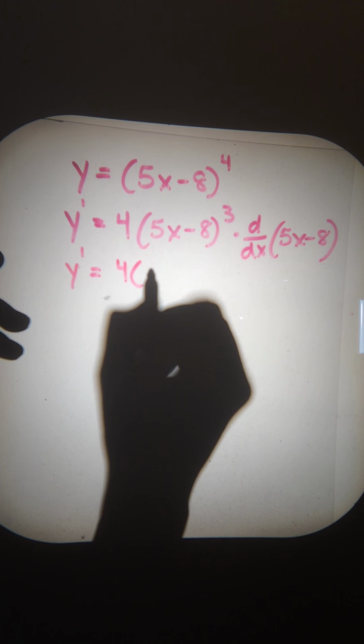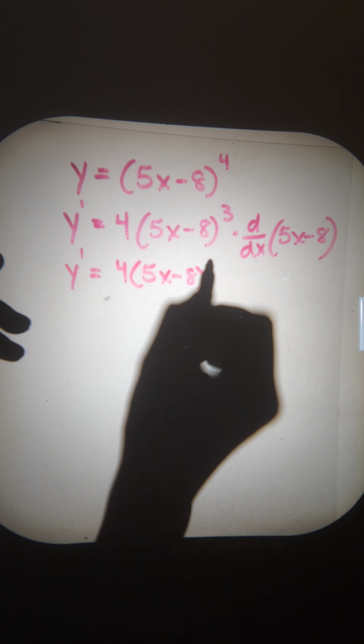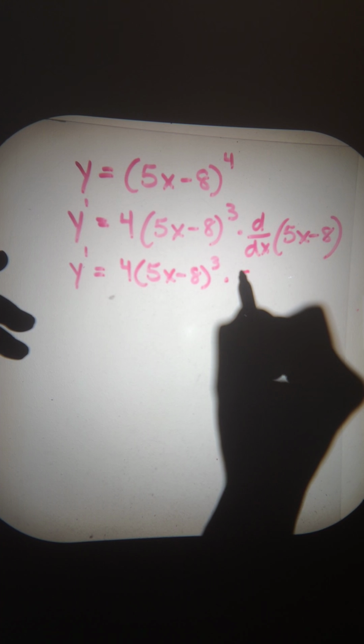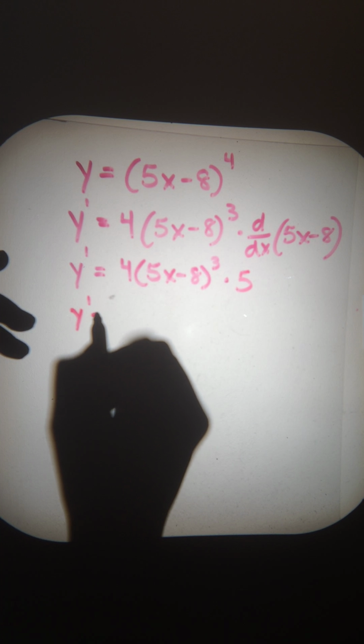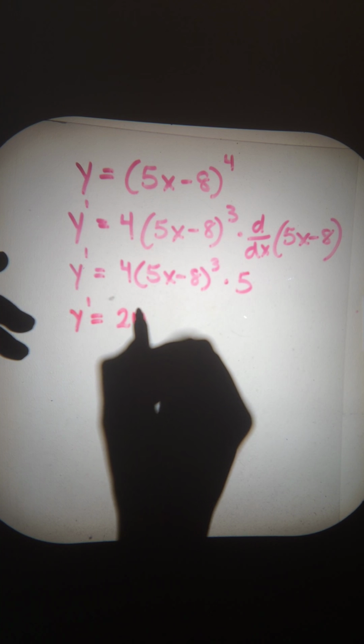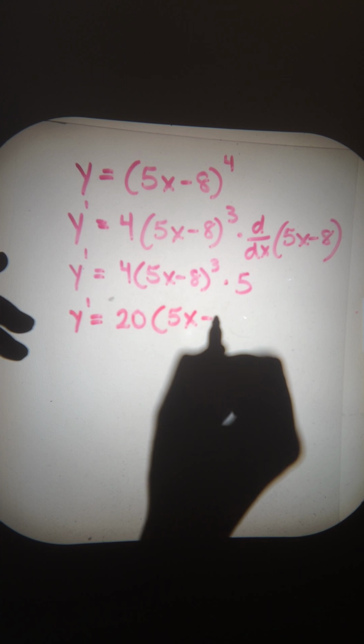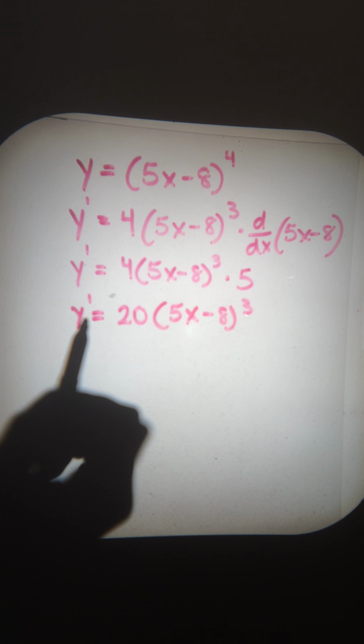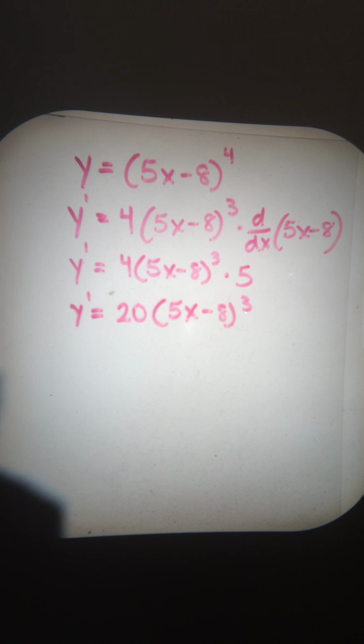Okay, let's rewrite. Y prime equals 4 times 5x minus 8 cubed times the derivative of this, which is 5. So the answer is y prime equals 20 times 5x minus 8 to the 3rd. Remember to always write your y prime.